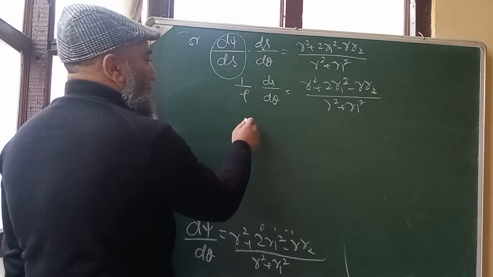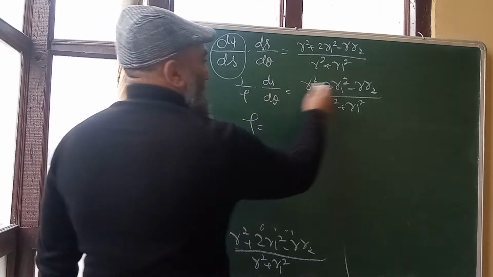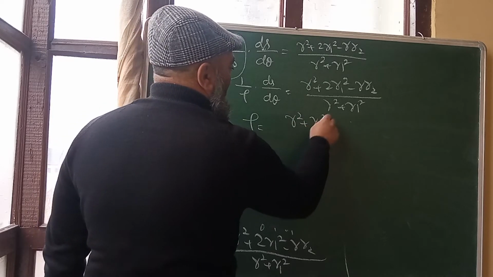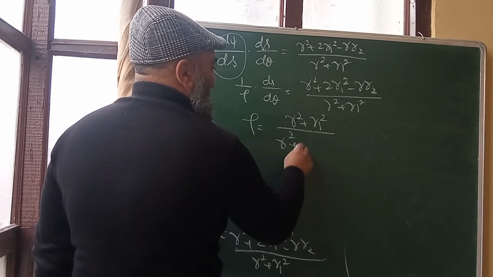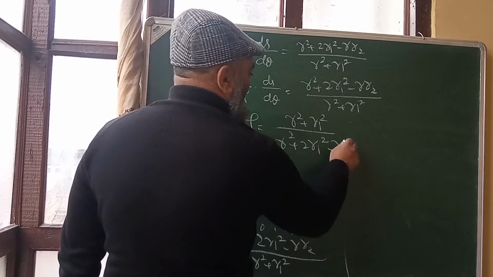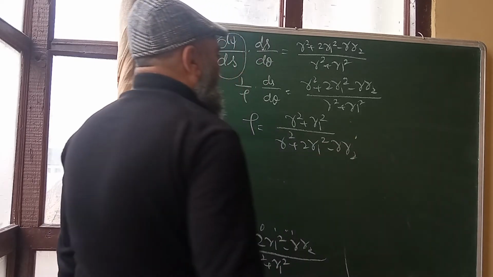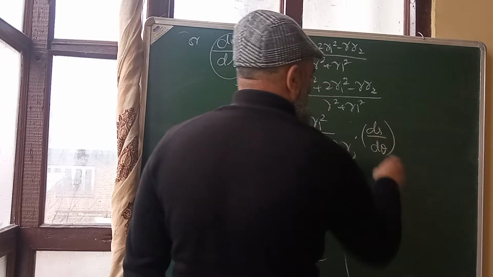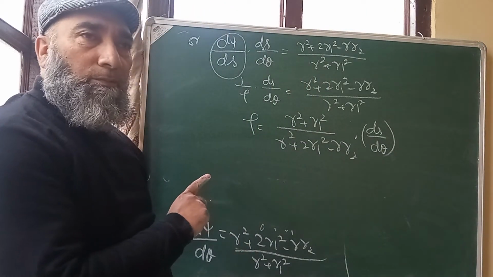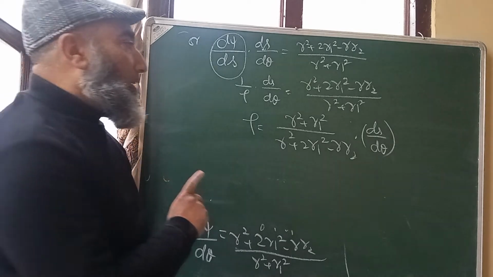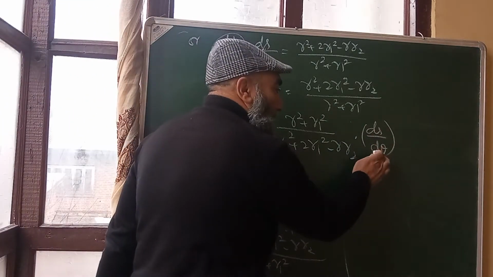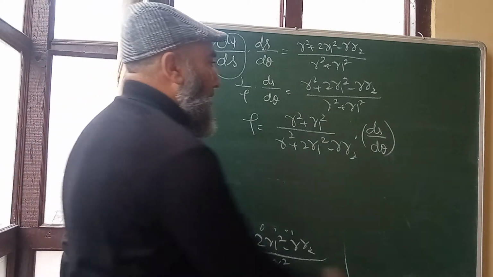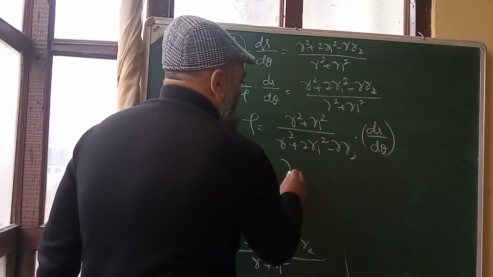So what is rho? Therefore rho is equal to (r squared plus r1 squared) over (r squared plus twice r1 squared minus r r2) into ds by d theta. Likewise in Cartesian coordinates, this was ds by dx, and I had used under root of 1 plus y1 squared. Now here I will use it as what?